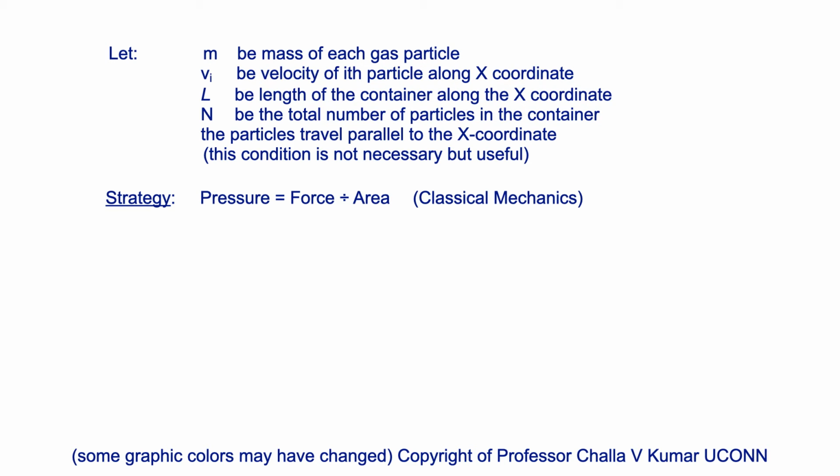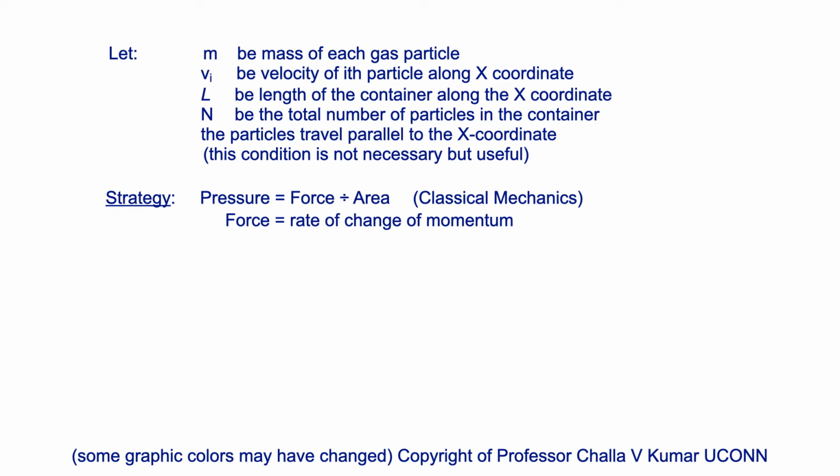Our strategy is very, very simple. We're going to use classical mechanics. No quantum mechanics is required in order to do these calculations. And we use the classical definition, pressure equals force divided by area. So if a gas is exerting a certain pressure, it implies that the gas is applying a certain force on a particular area that we are interested in.